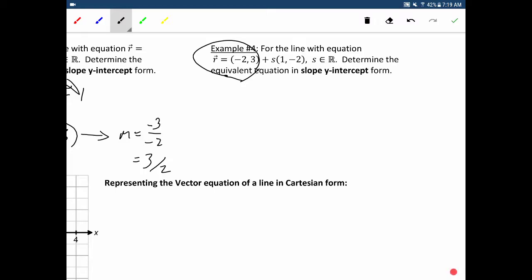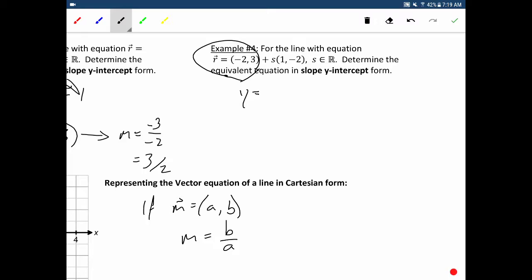So in this case, you're just going to start the same. We're going to say y equals, and here we can write the rule down. If the m vector is equal to a, b, then m is going to be b over a.